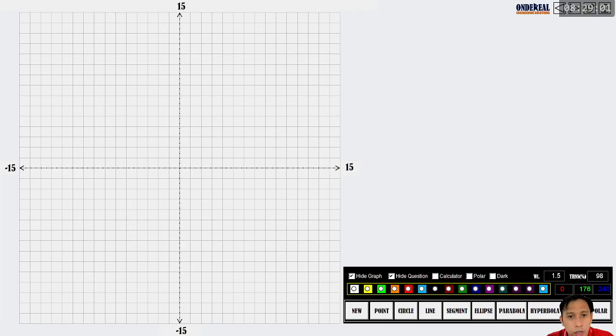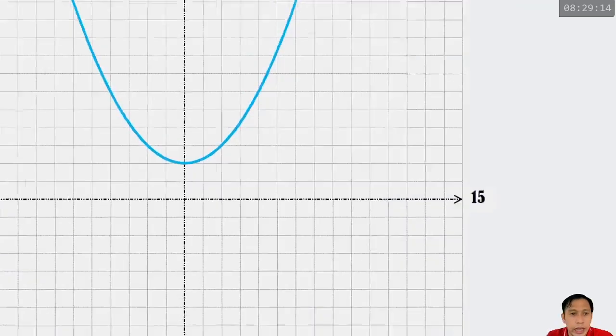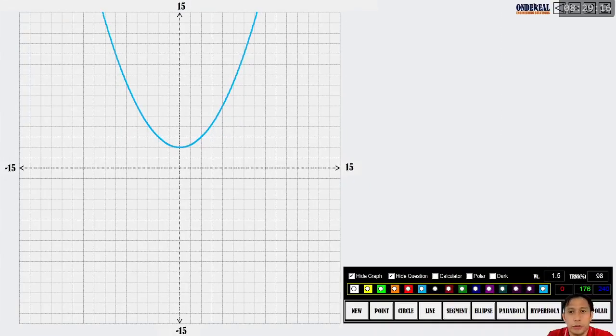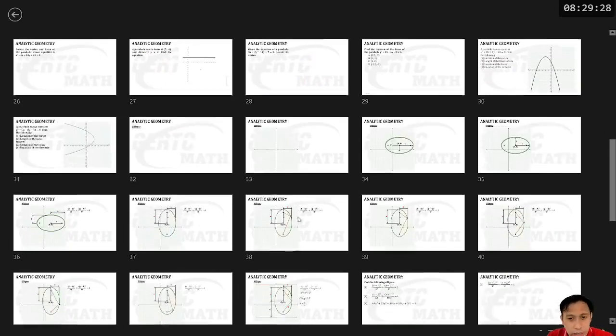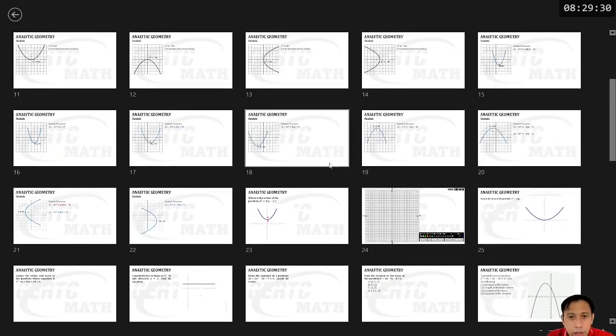Then, 1 upward. Ito yung graph. Klaro lang? Kita lang? Tama na siya yung graph. So, it's located at (0, 2). Meron kasi akong graphing tool dito sa PowerPoint. Okay, sige. So, that's it.